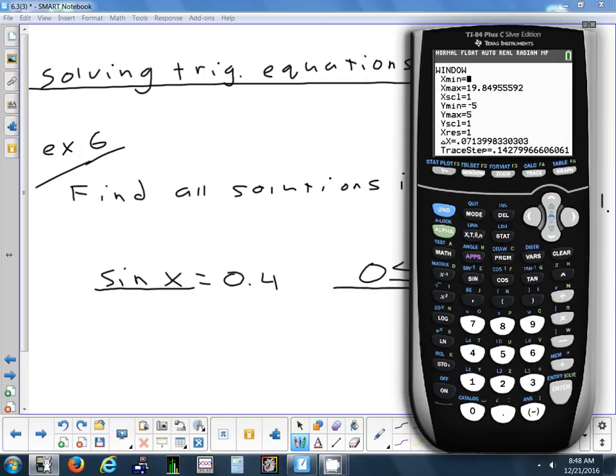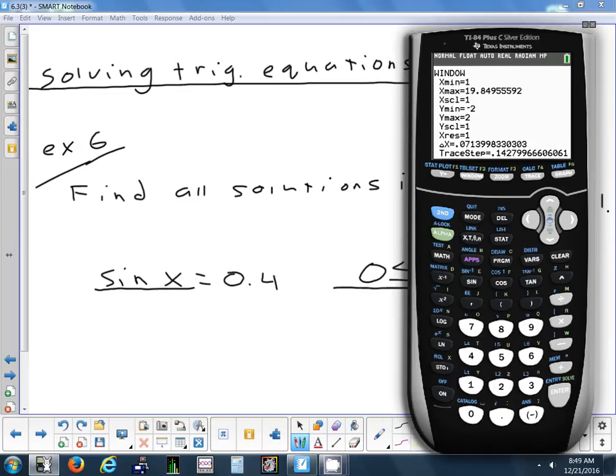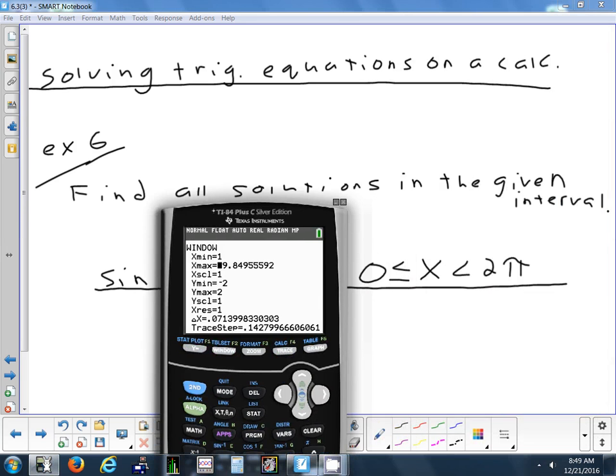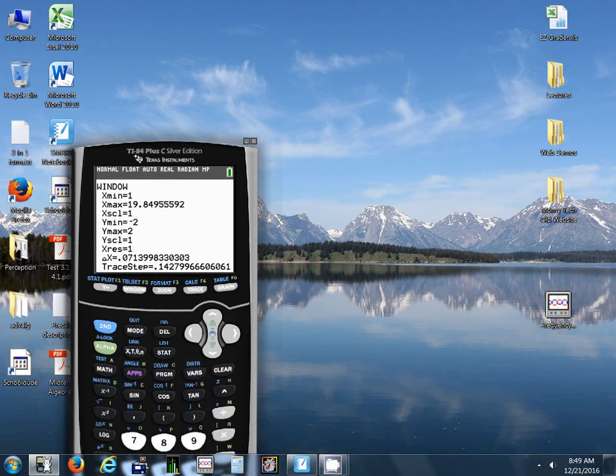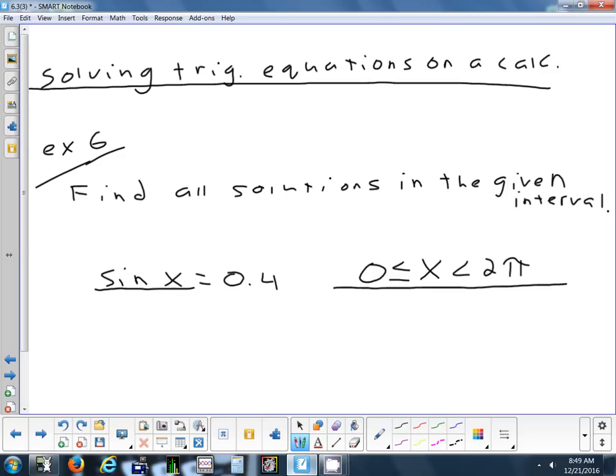Now I'm graphing sine. What's the range for regular sine? 1 to -1. So really, I don't need to go -5 to 5. And they told me a restriction on my period. What did they tell me to do for x min and x max? 2 pi.